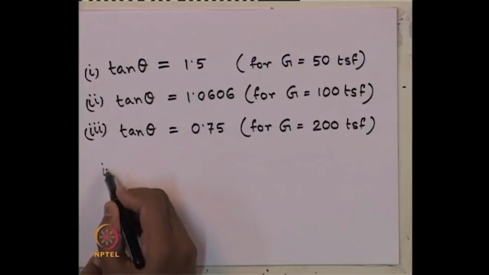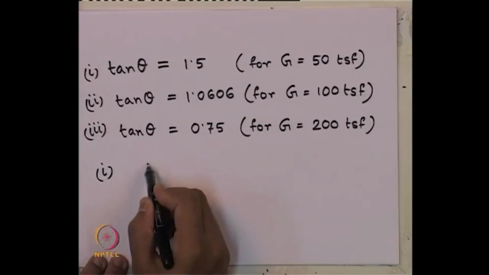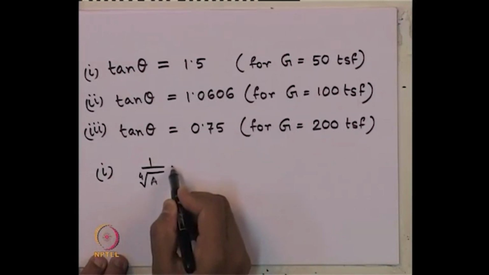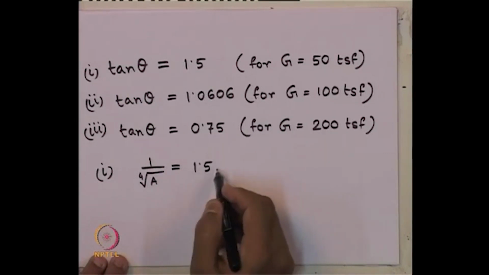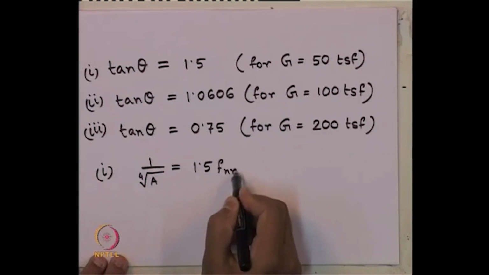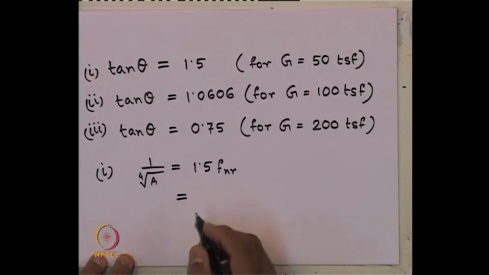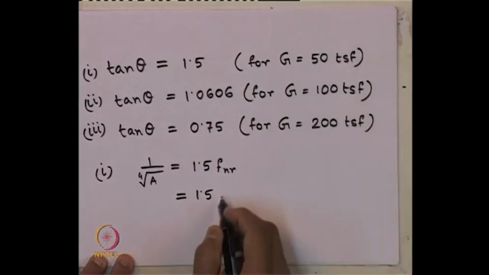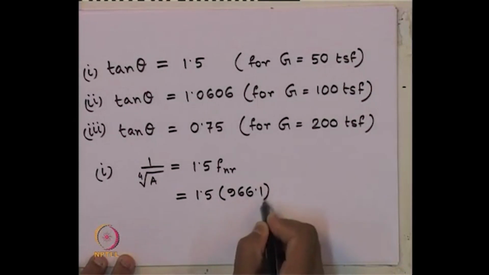So, for the first case, what we are getting, 1 by 4th root of A is equal to 1.5 times FNR for the first type of soil, which will be how much? 1.5 times FNR is 966.1.